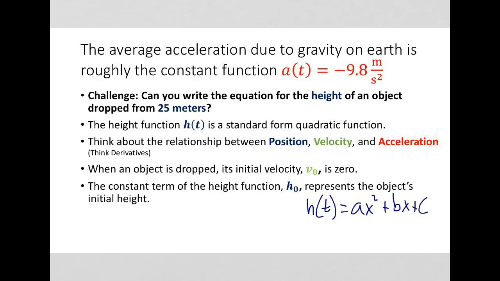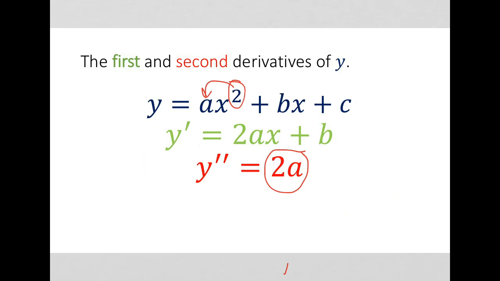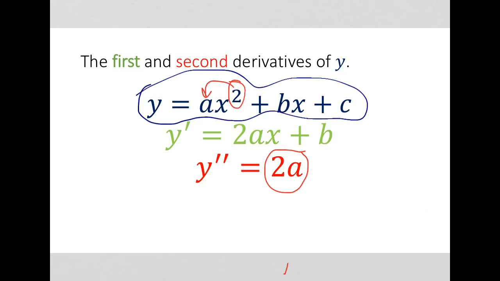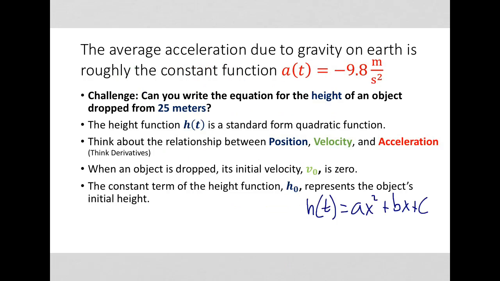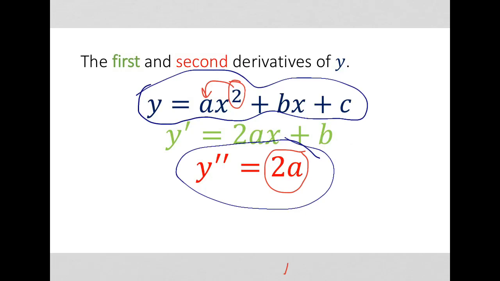We know that the velocity is the derivative of position, and the acceleration is the derivative of velocity. So think about what we just did a moment ago. The coefficient of our first term times some a value equaled our acceleration. So if we use that in this function here, we're going to need that a value to be half of whatever that third function is, aka the second derivative.